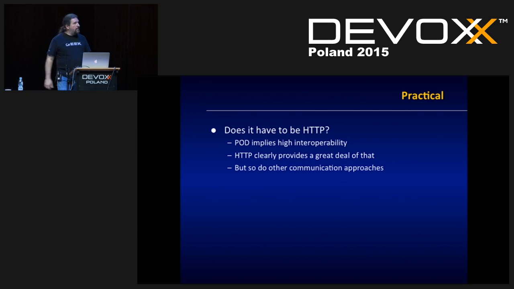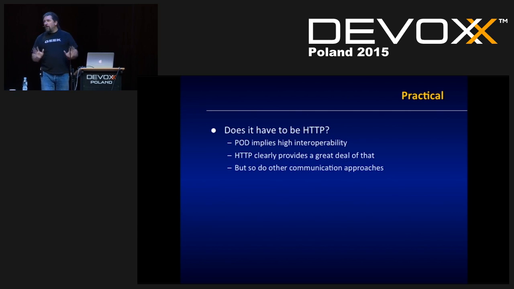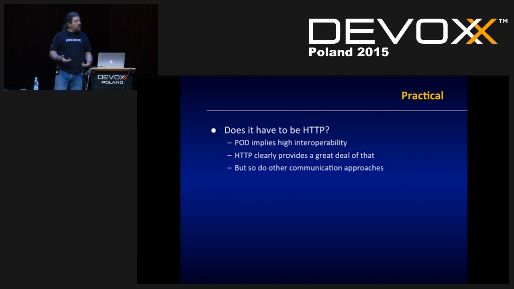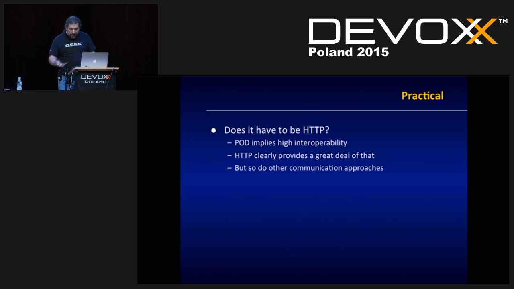Does it have to be HTTP? Again, no. I want a degree of interoperability, but truthfully, I only want as much interoperability as I need. So today, if I'm building an application, if it's for internal use and everybody inside the company is running a Windows box, cool, that's as much interoperability as I need.